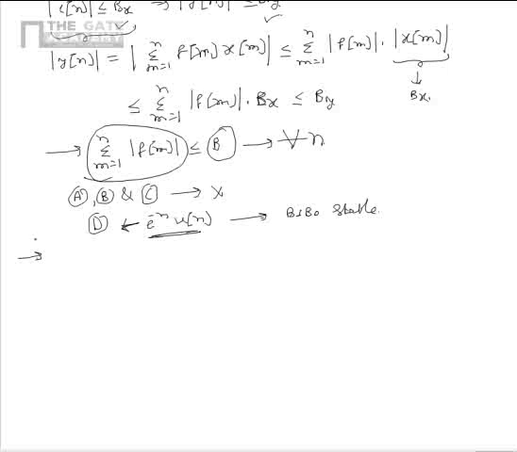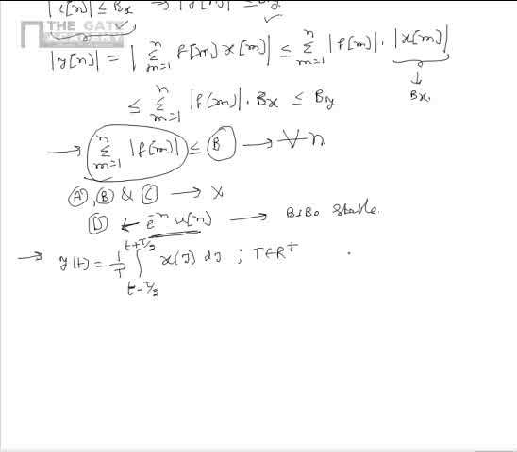Now, let us look into another problem in which there is a continuous time system which is given as y of t is equal to 1 by t integral from t minus t by 2 to t plus t by 2 of x of tau d tau, where t belongs to R plus.